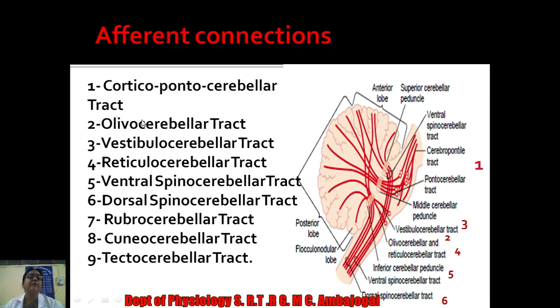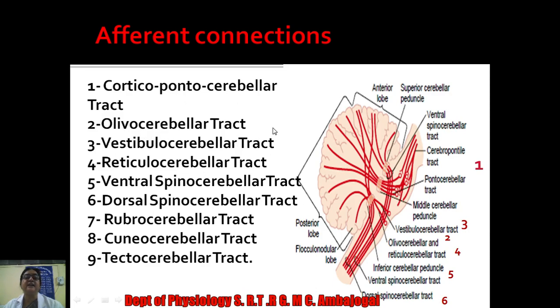The inferior olivary nucleus acts as an integrating center for information from the spinal cord, brainstem, red nucleus and cerebral cortex. So all this information is conveyed to the cerebellum. It is relayed to all parts of the cerebellar hemisphere, and this tract is called the olivocerebellar tract.